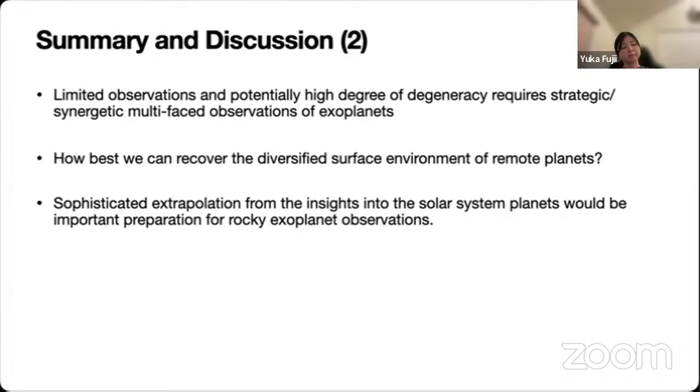Basically, the disk-integrated spectra with low resolution means that we will be able to detect only very broad features or some general overall trend. So it will be the result of the mixture of different compositions.